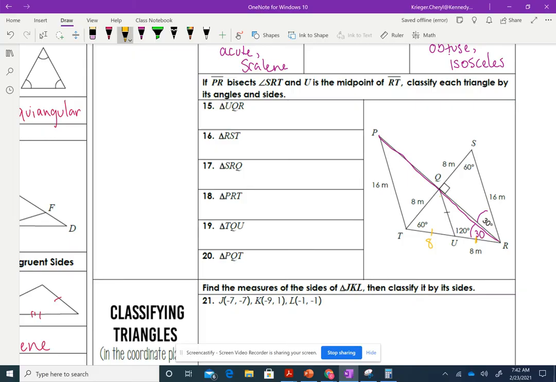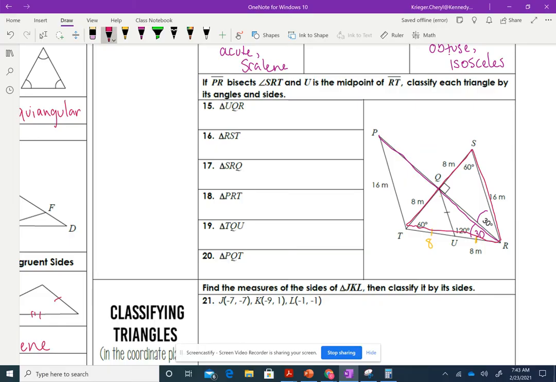Classify each triangle by its angles and sides. All right, well, number 16, SRT. So here's SRT. And we have angles. Angle S is 60, angle R is 60, and angle T is 60.